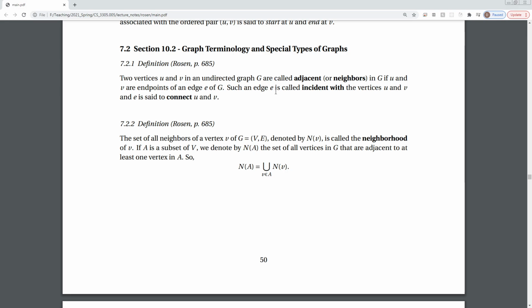So the incidence matrices will be with respect to the edges, and the adjacency matrices will be with respect to the vertices. But you'll see that distinction. The rows and columns in an adjacency matrix will both be vertices, and the rows in an incidence matrix will be vertices, and the columns will be edges.